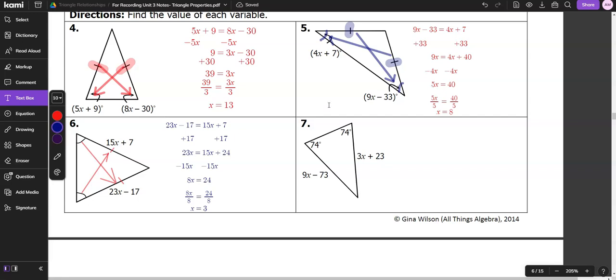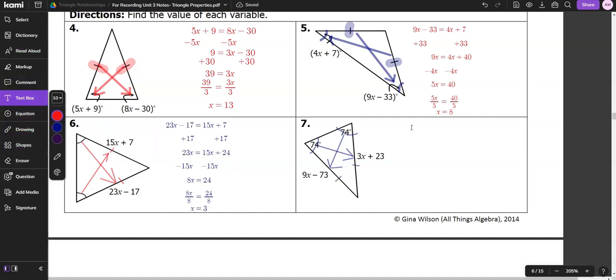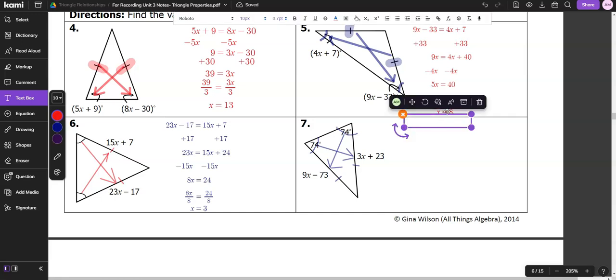All right, number 7. We're again given that two base angles are congruent. Right here, they're told that they are 74 degrees. So again, that indicates the sides that are opposite are also congruent. So we mark them congruent, which again means that I can set these two expressions equal to each other and then solve for x.